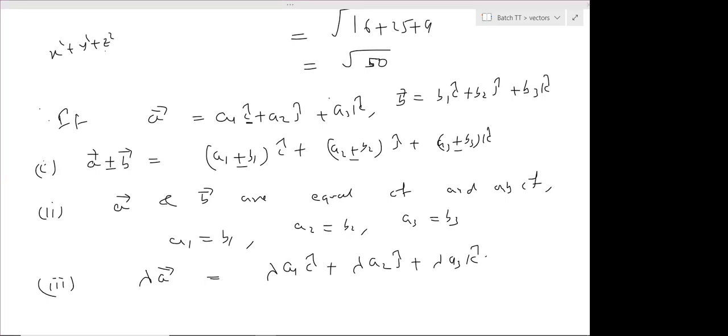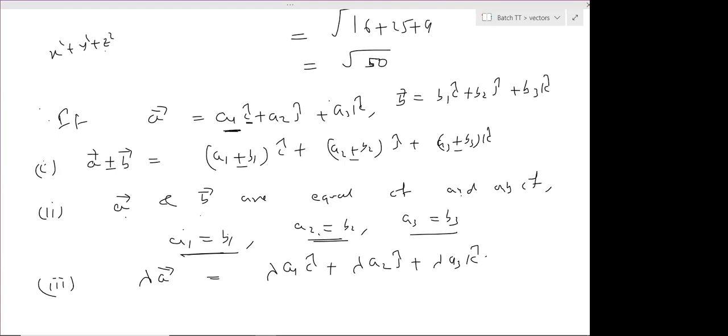All right, everyone. Yes, sir. Note it down. Please note the second one: A and B are equal vectors if and only if a1 equals b1, a2 equals b2, and a3 equals b3.